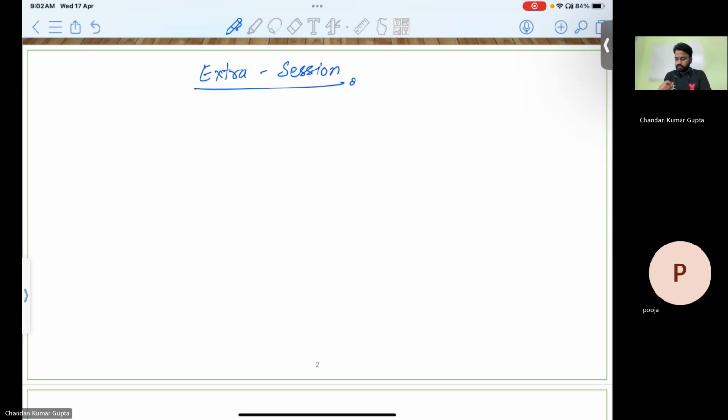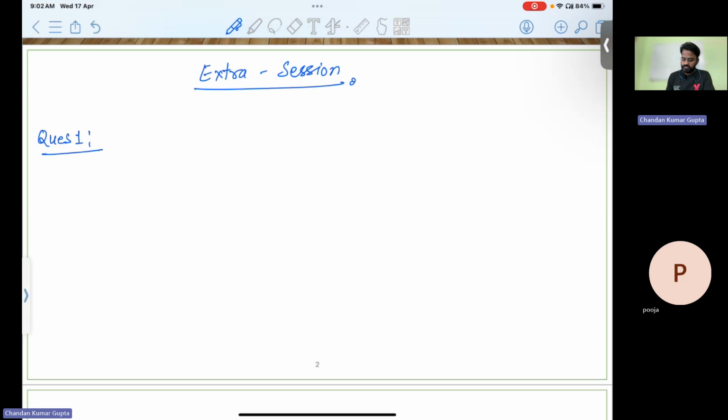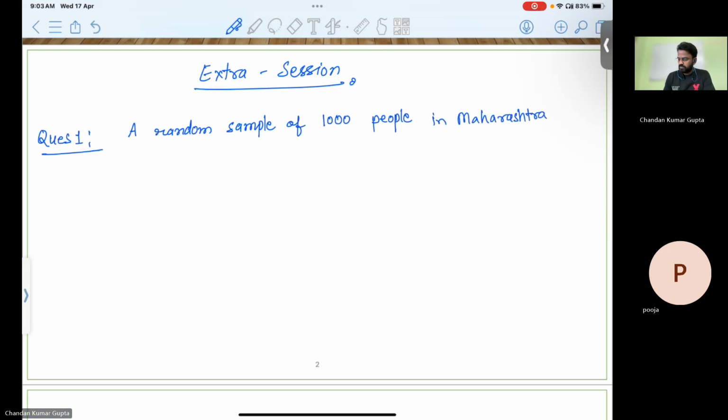Okay, so the question is: a random sample of 1,000 people in Maharashtra, 540 are rice eaters, and the rest are wheat eaters.